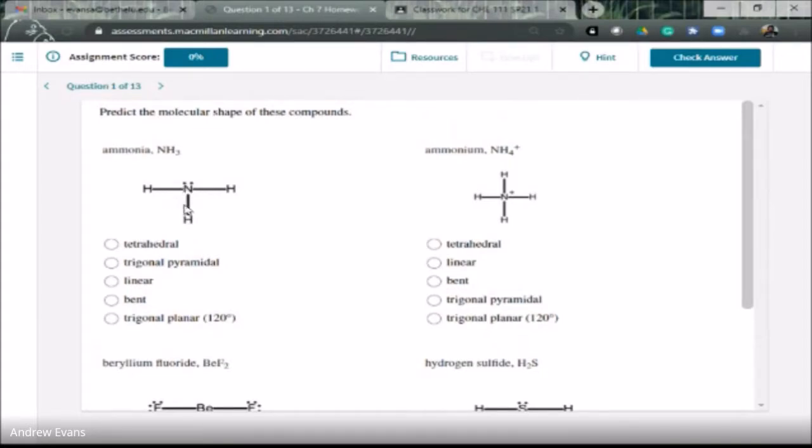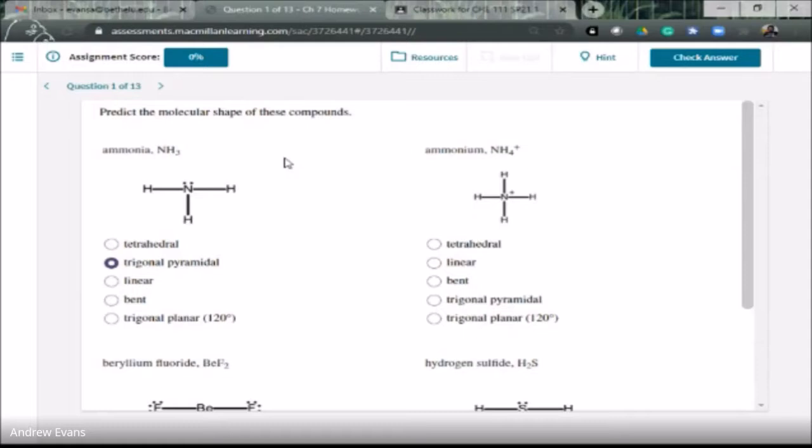We have 3 bonds and 1 lone pair. So the electron geometry for 4 domains is tetrahedral. However, the molecular geometry for 4 electron domains with 1 lone pair is trigonal pyramidal.